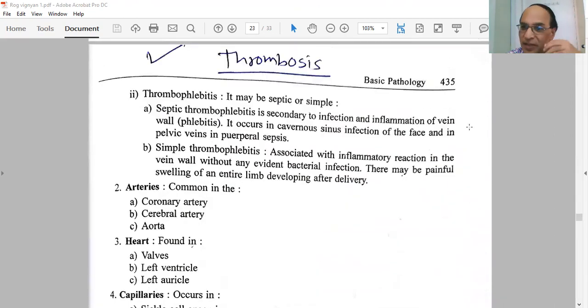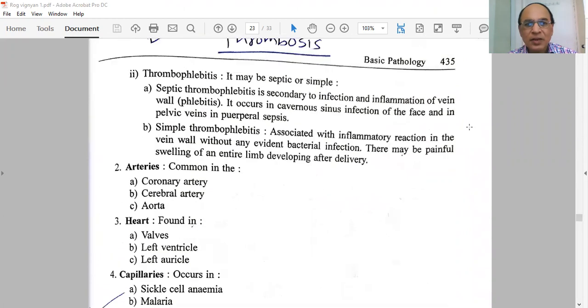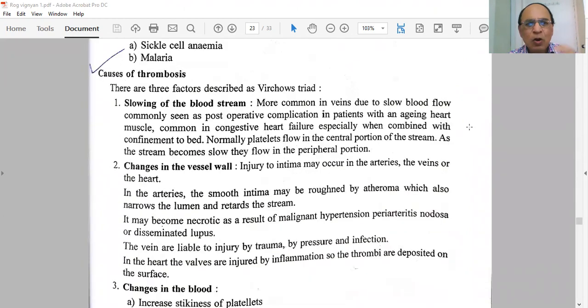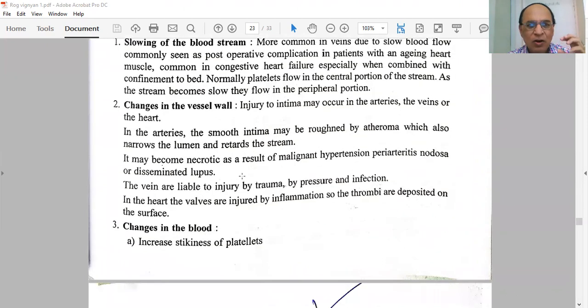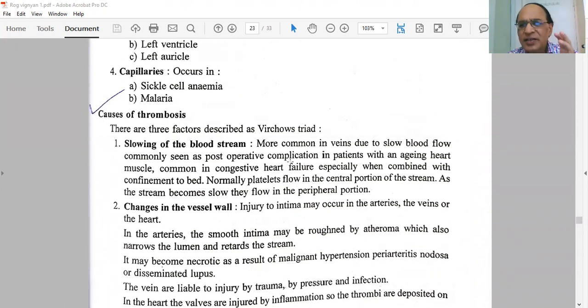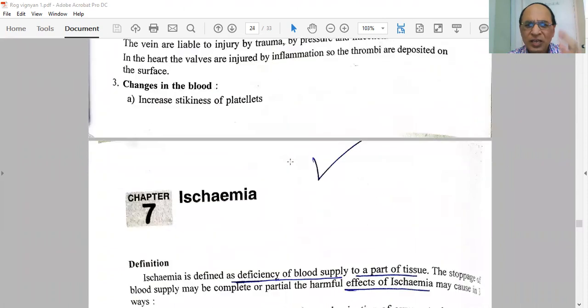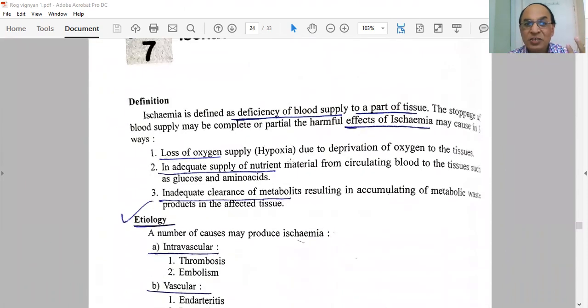Okay. Then comes the modern pathological aspect, basic pathology, thrombosis, for example. So he has explained the causes of thrombosis. Number one, slowing of the blood stream, changes in the vessel wall, change in the blood. Systematically and in simple language, he has explained the modern pathological aspects like ischemia, thrombosis, infarct, etc. You can see ischemia, deficiency of blood supply to the tissues.